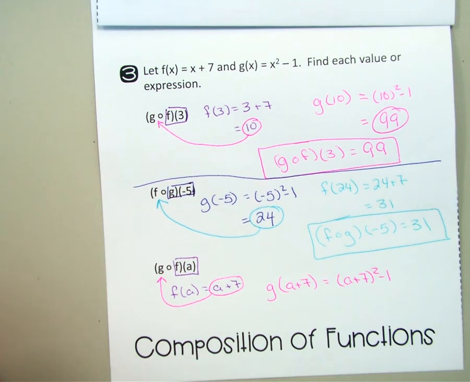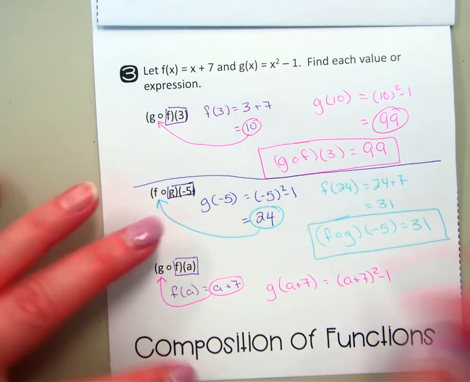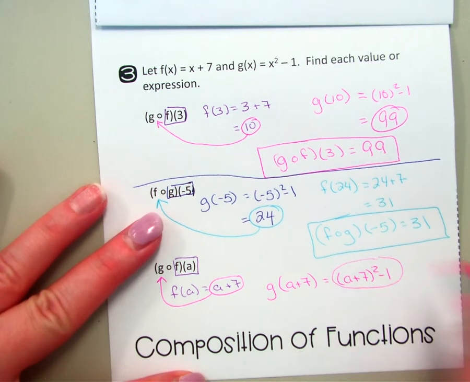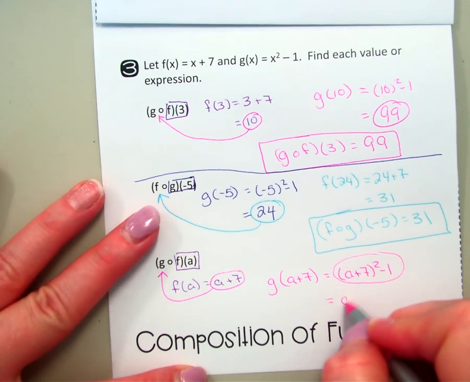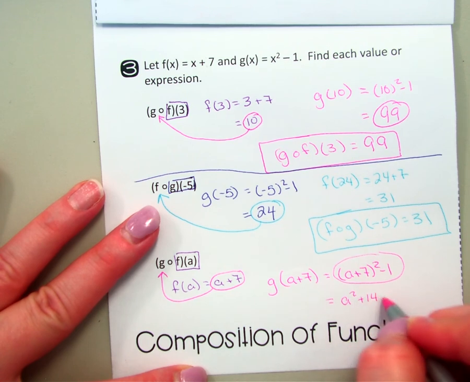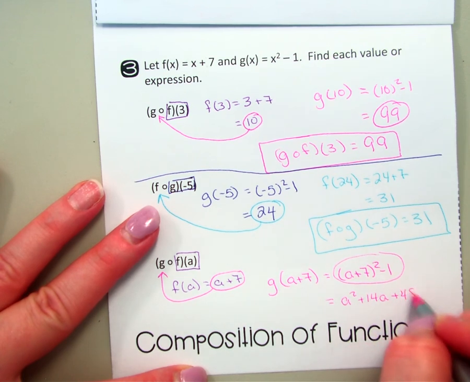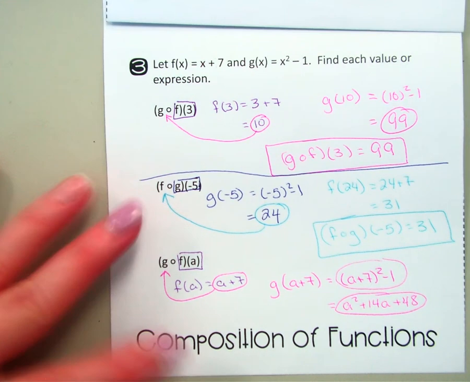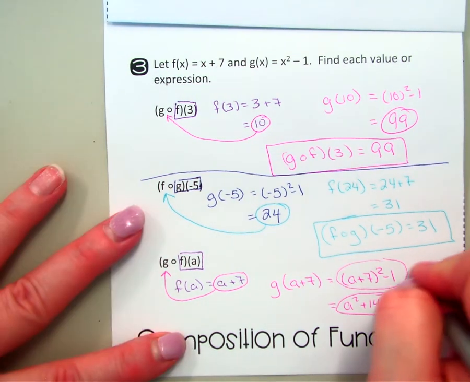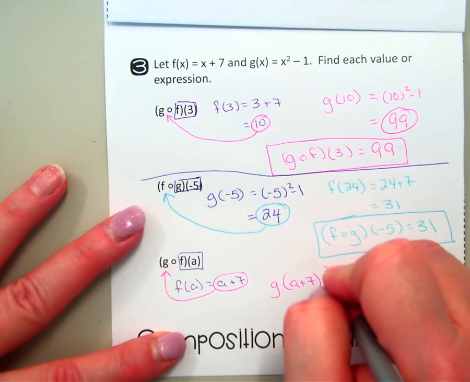We would get a plus 7 squared minus 1. So you can leave it like that for now. If you choose to multiply it out and then combine your like terms, you would end up with that trinomial as your answer. But again, you can leave it here for now.